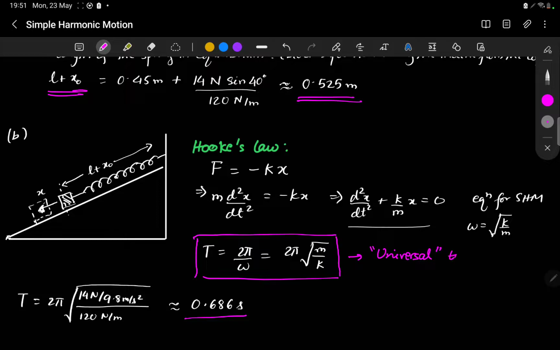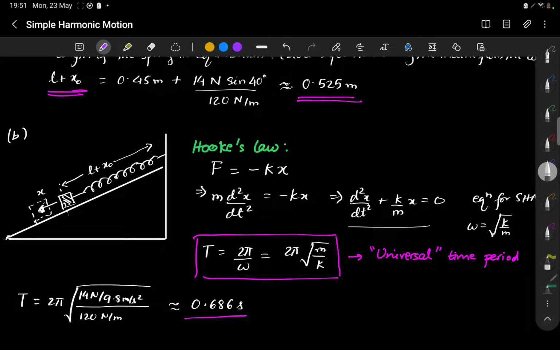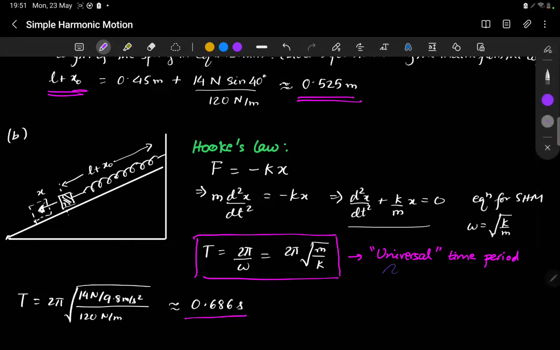So it's universal in the sense that the time period is same in all three cases that we saw. So whether you have a horizontal spring mass system or a vertical spring mass system or an inclined spring mass system, the time period is same for all these three cases.